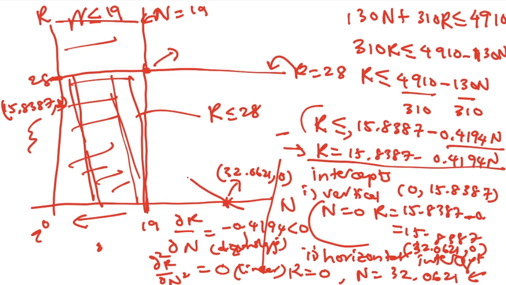You join these 2 points to get this line. On the line here is actually 130n plus 310r equal to 4910.